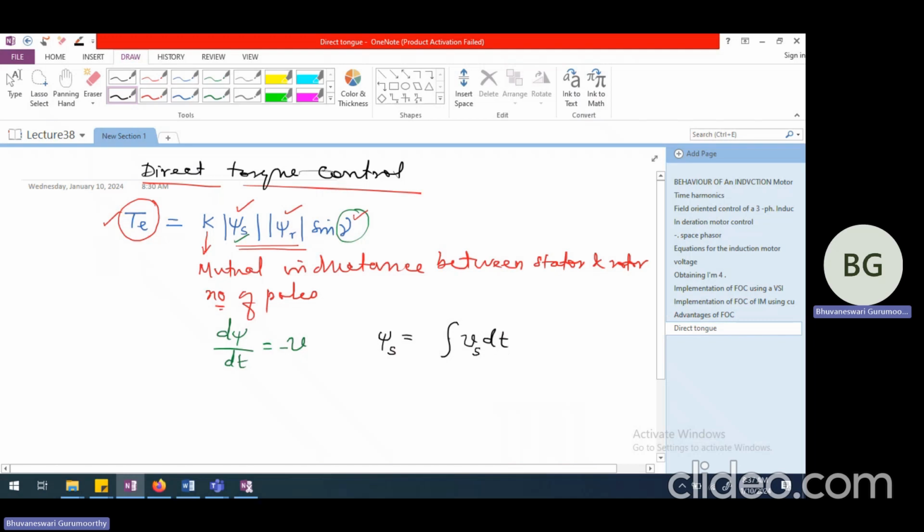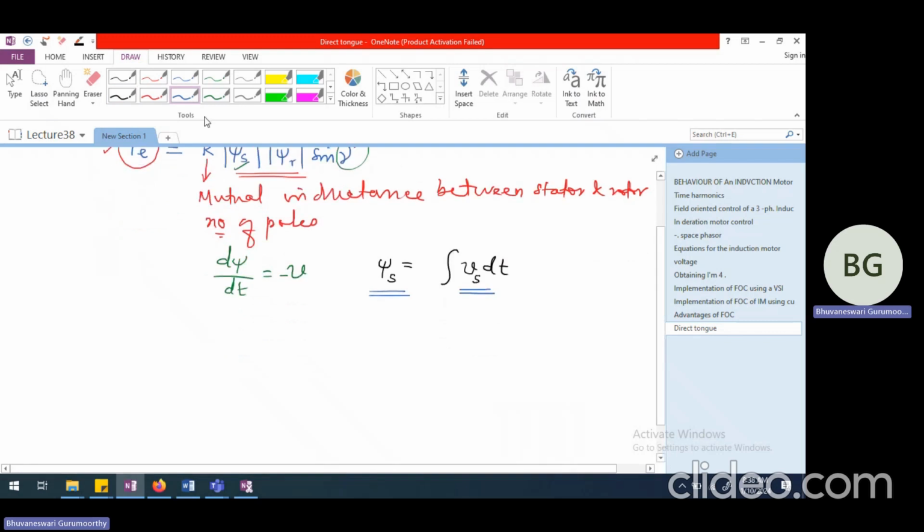So for direct torque control, we are going to manipulate the flux linkage of the stator directly by adjusting the voltage. This is one of the major differences between direct torque control and field-oriented control.